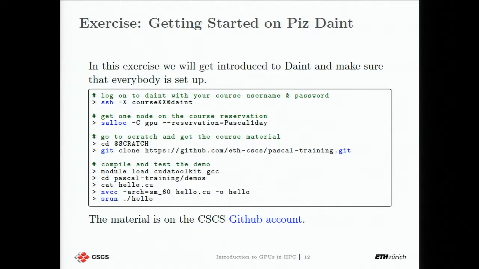We have a reservation called Pascal 1 day. Tomorrow it's going to be Pascal 2 day, and the day after Pascal 3 day. So when you run salloc like that, it's going to give you a node. And then later on, once you compile your code, you can use this srun command, which will take your code and run it on that node.